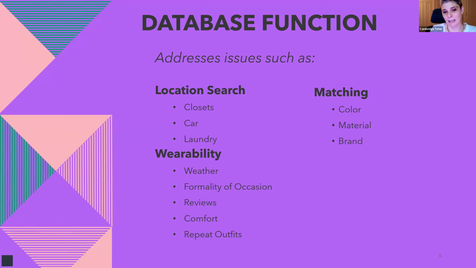We created a way to review the reviews we got from outfits, including compliments, how comfortable the outfit was, the overall style, and then also to be able to track repeated outfits.